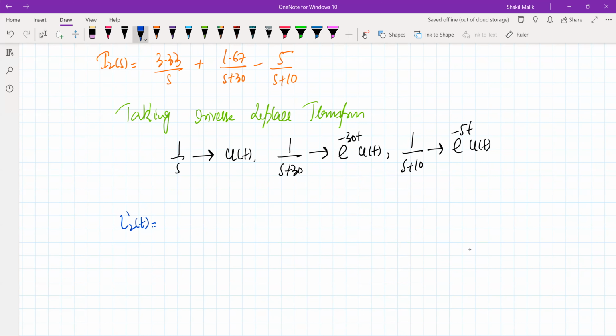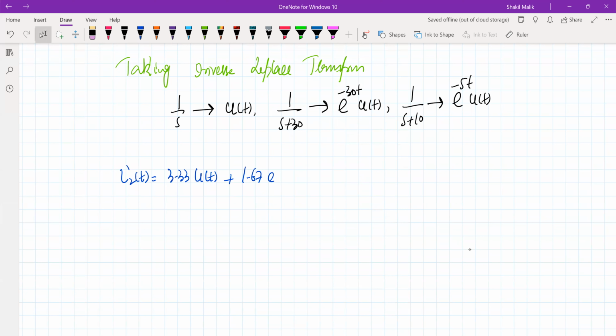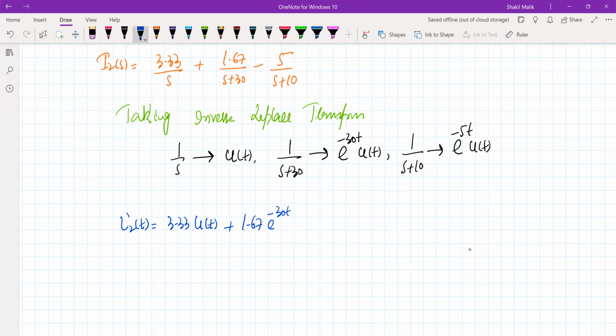So I2 of t is simply 3.33 u of t plus 1.67 e to the power of minus 30t minus 5 e to the power of minus 10t u of t.